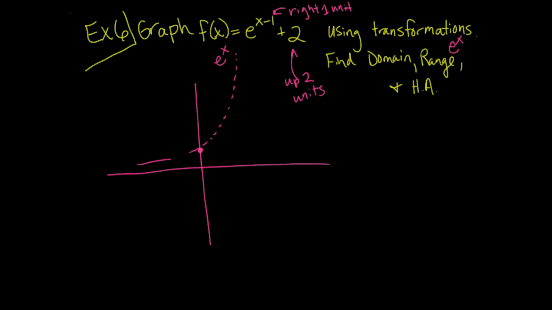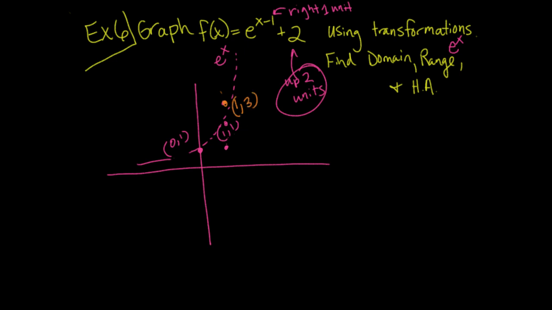So this is e to the x, and now if I go right 1 unit, that lands me, instead of at 0, 1, at 1, 1. And I also have to go up 2 units. So now instead of 1, 1, I'm going up another 2, so my new graph, the final graph in a different color, is going to be at 1, and then 1 plus 2 is 3.